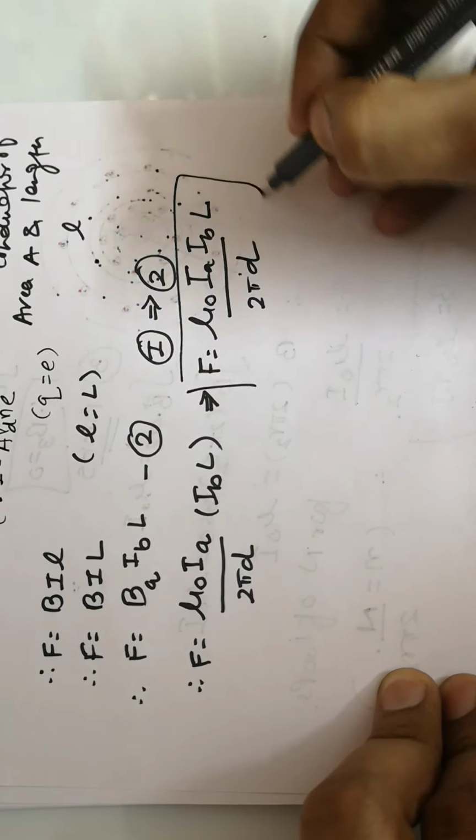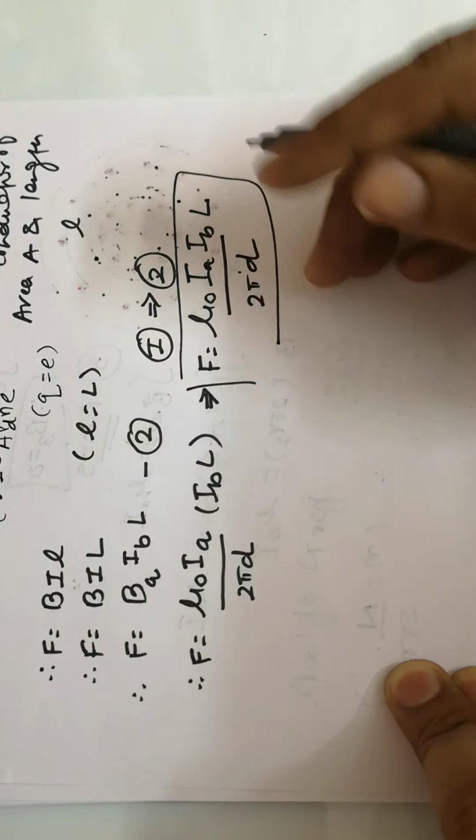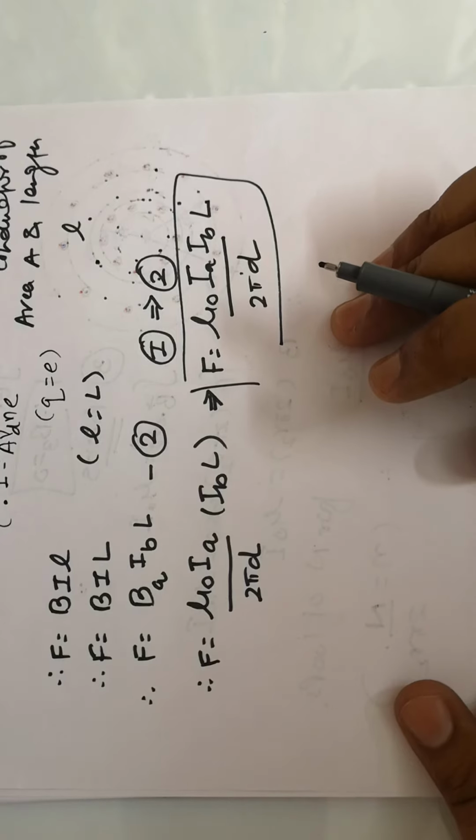So this is the equation of force experienced by our two current carrying wires when both are placed at some distance d.